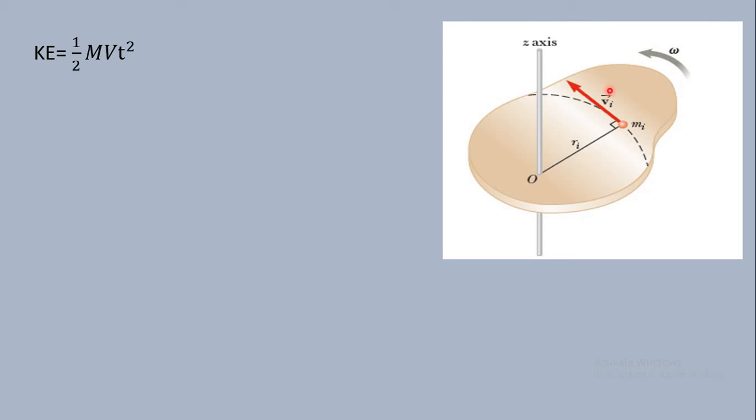So for the whole system, of course, I'm gonna put a summation sign. This sign means that the rotational kinetic energy for the whole system equals the sum for the individual particles. Okay, and we know that v_t equals omega r. According to that, v_t squared is equal to omega squared r squared.